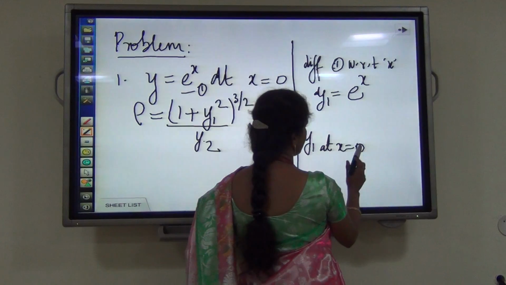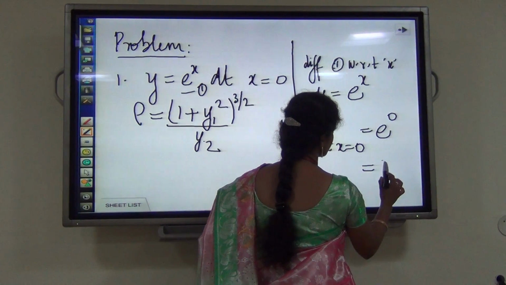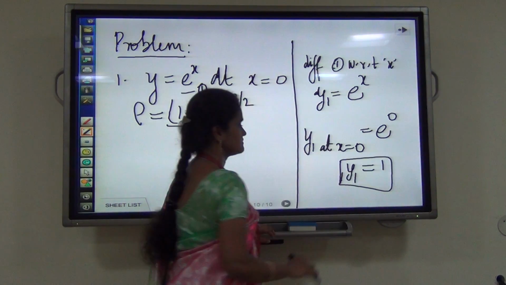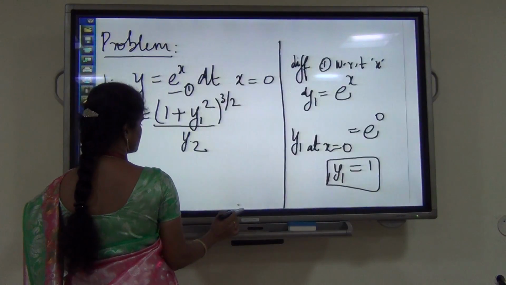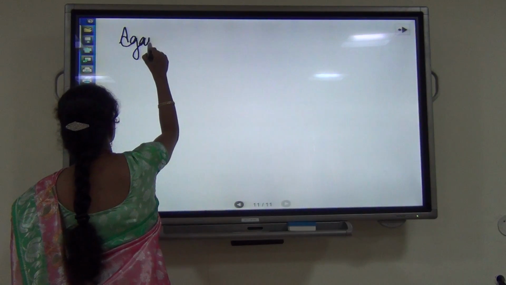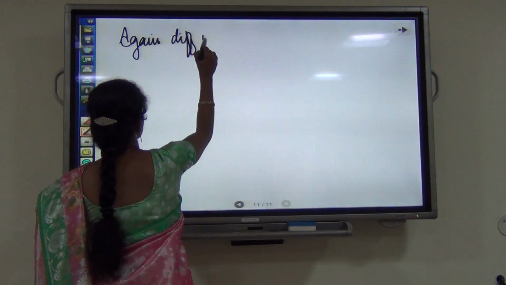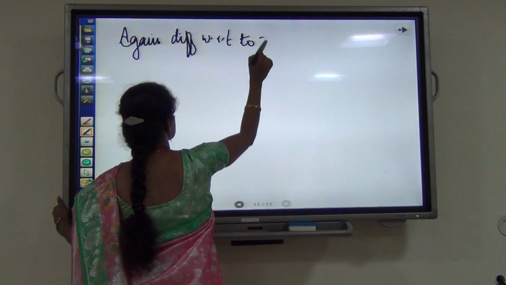So y1 at x is equal to 0 will be e power 0, that is 1. So y1 value will be 1. Then we differentiate again with respect to x.